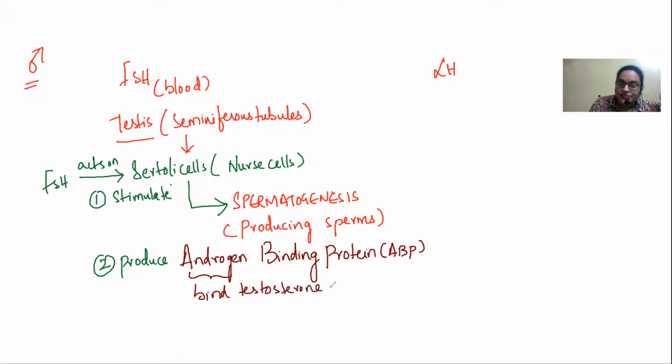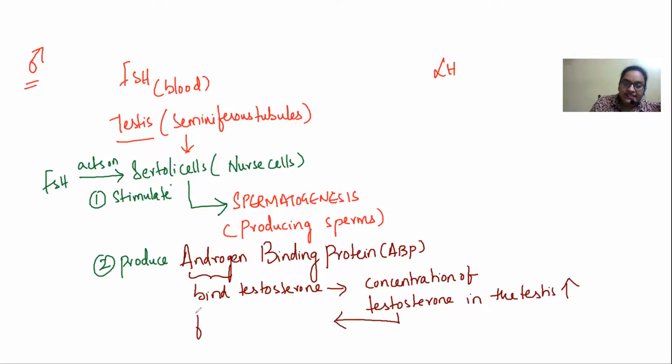By binding the testosterone, the concentration of testosterone inside the testis will be increased. This condition is going to facilitate the process of spermatogenesis.